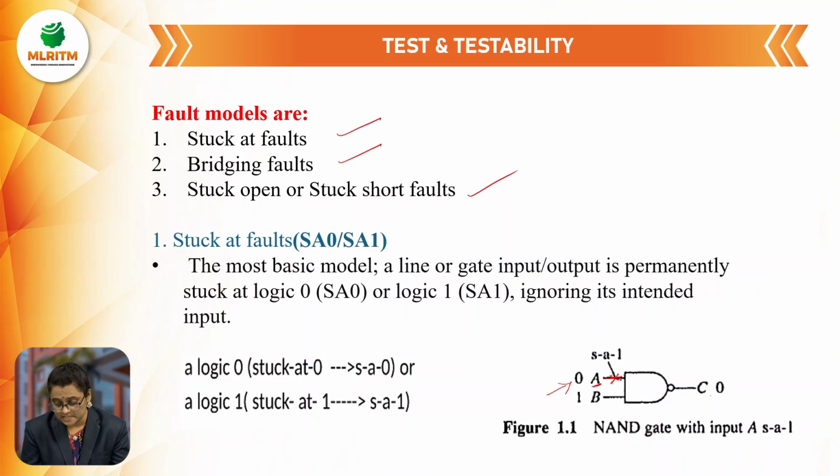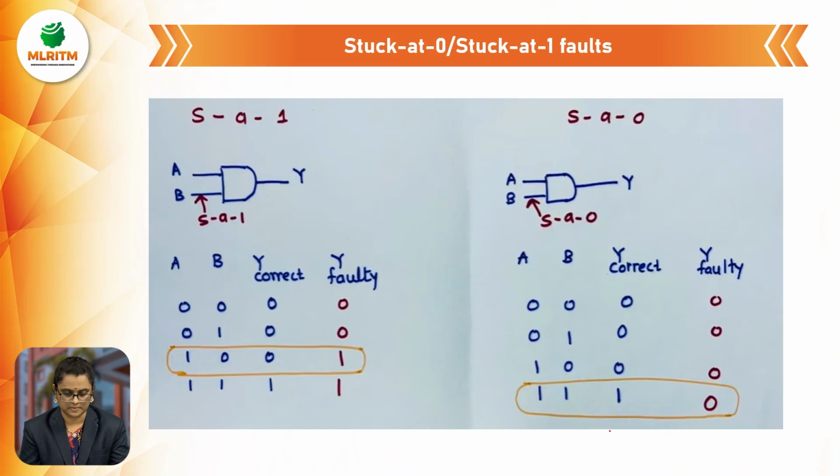Why? Because this A node is permanently stuck at 1. If it is stuck at 0, it won't take the 1 value. Why? Because it is always stuck at 0. This is called stuck-at 0 and stuck-at 1 fault.